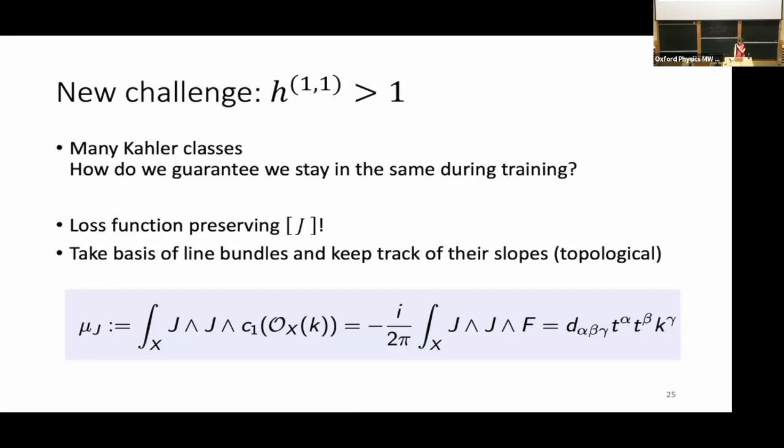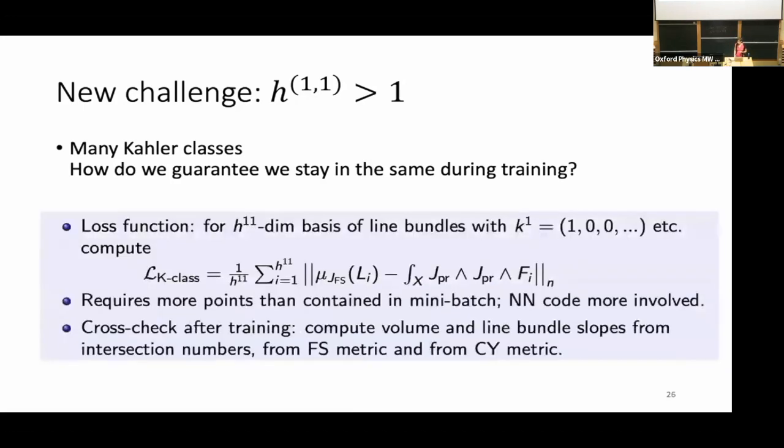So we wanted to use this to construct a loss function, and this is what we came up with here. So here is the loss function for the Kähler class preservation, where we are computing the difference between these topological line bundle slopes and the predicted line bundle slope.